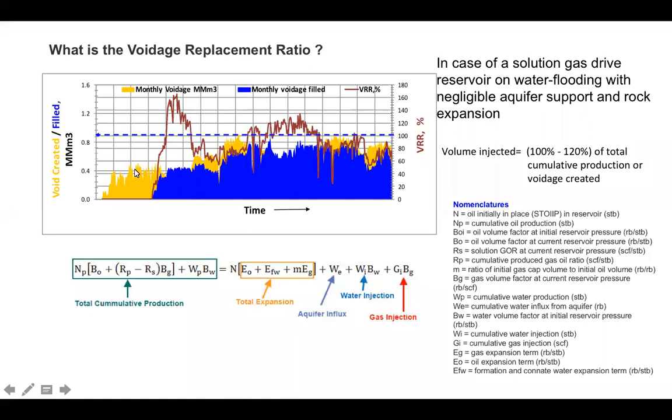If you see your yellow part is being covered by your blue part, that means your voidage replacement ratio will reach 100% or more. But if you can see a little bit of yellow, that means your voidage replacement ratio is dropping. It is below that 100 mark. And that's when you again need to intervene and increase your injection.